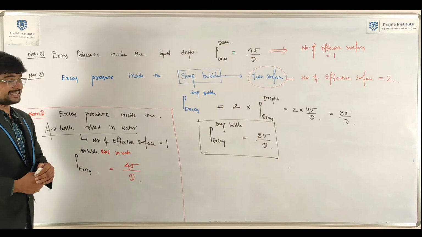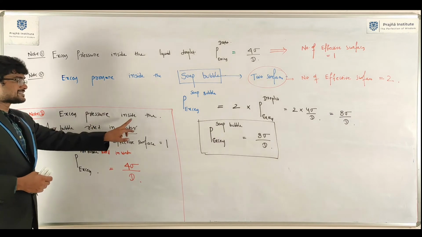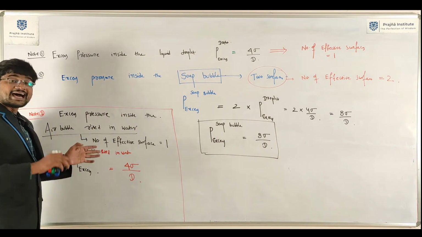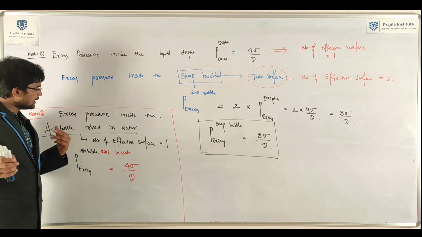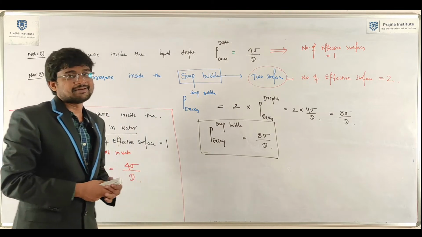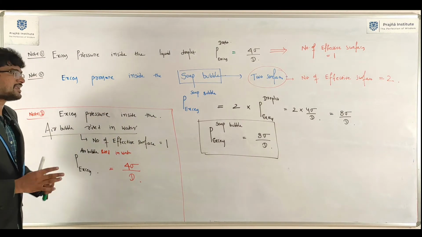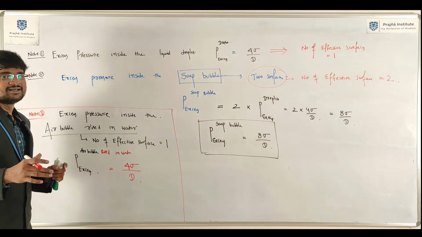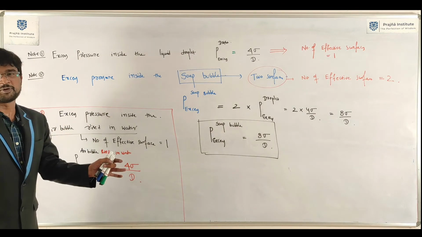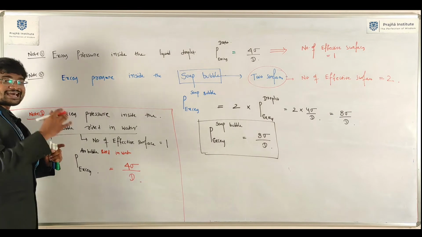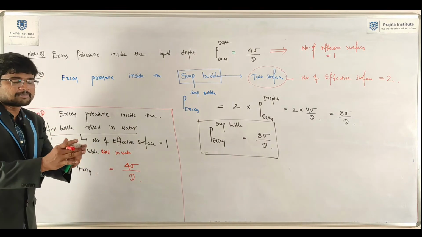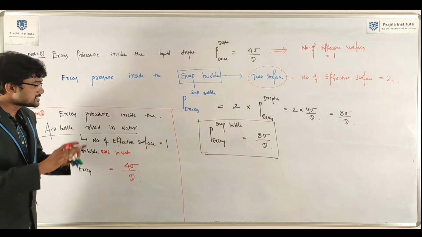One more good point: excess pressure inside an air bubble in the air is similar to the soap bubble. Okay? But generally people won't ask about an air bubble in the air. It is not that popular. An air bubble raised in water is important, right? An air bubble present in the water, that is popular.